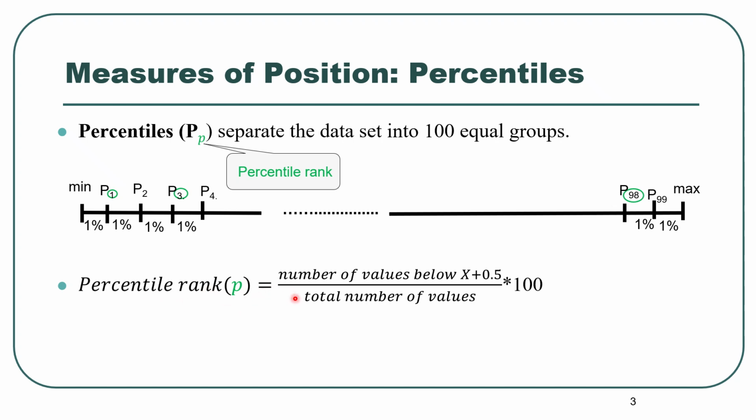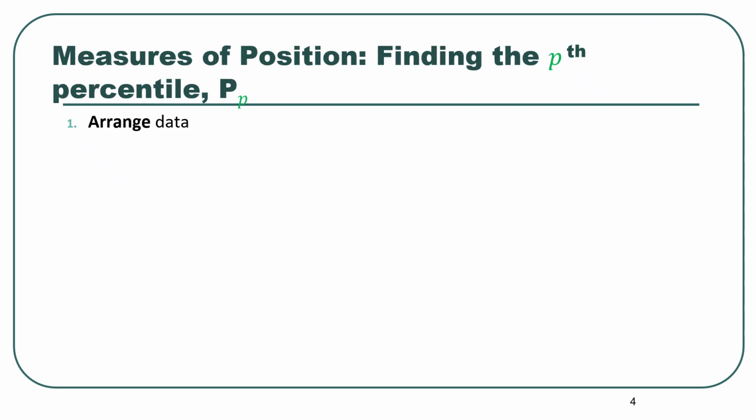It says count how many observations are below that value x that you are interested in, add half to it, multiply by 100, and divide over the total number of values in your data. So this is how to know the rank of a specific value in my data set.